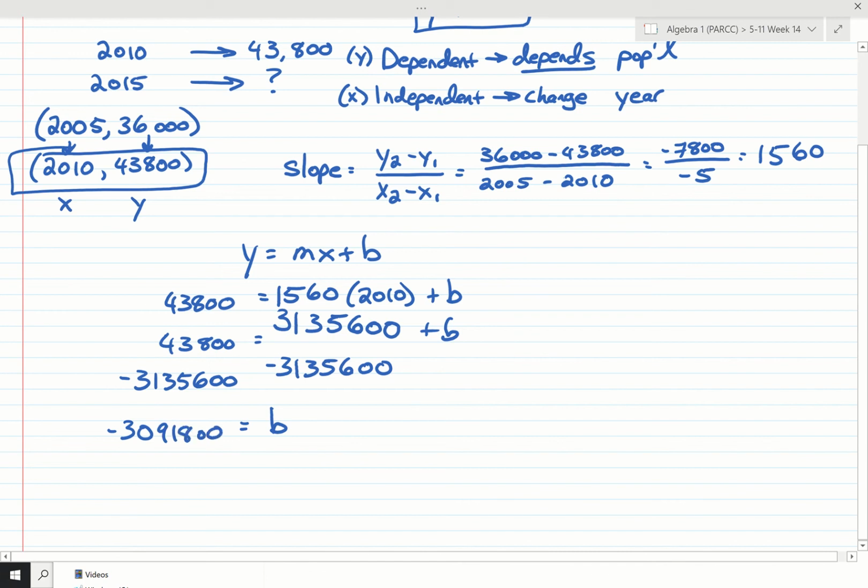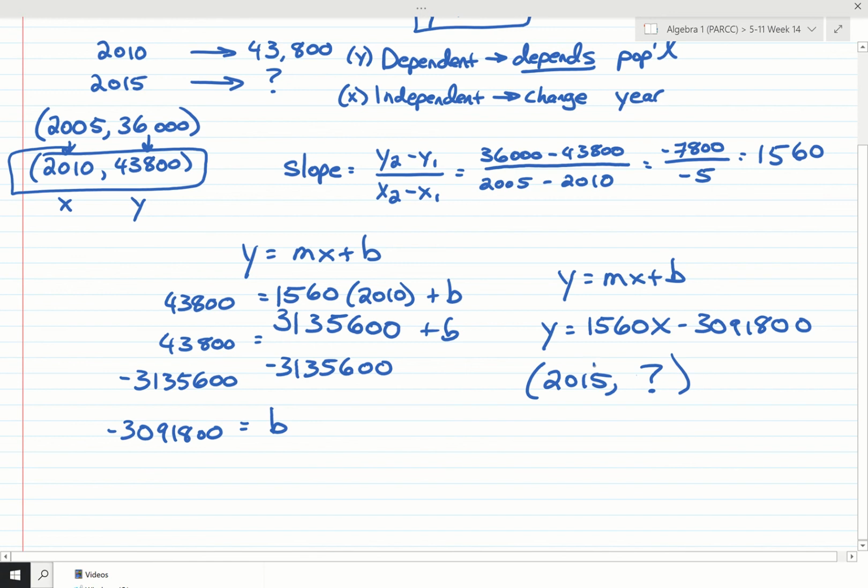So tying together all of our components for y equals mx plus b, we got that the slope was 1560, and our b value was negative 309,800. The question's asking us, what's the population in the year 2015.